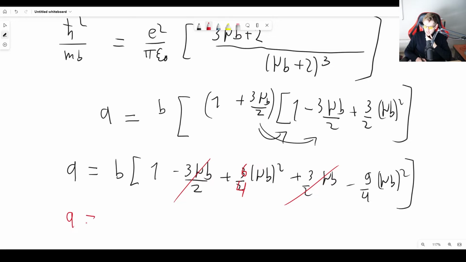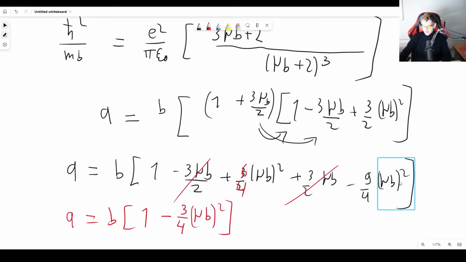So we get that a is equal to b, 1 minus, so 6 minus 9, we get minus, actually I already considered the minus, so minus 3 over 4 mu b squared. So that's what we have.